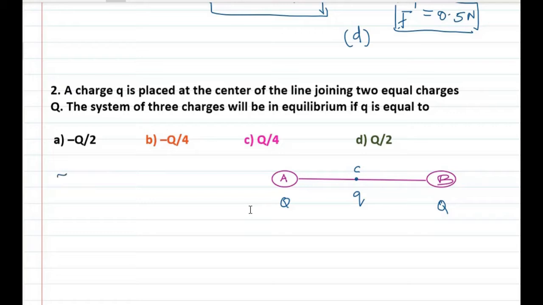For the equilibrium condition of the system, the force between A and B plus the force between A and C should be equal to 0. That is, force FAB should be equal to minus FAC.